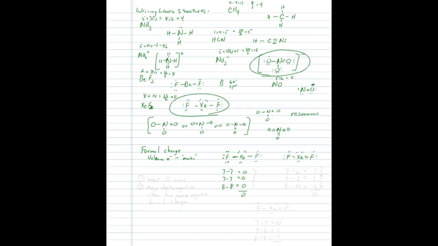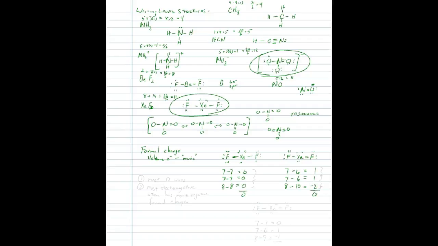Consider that with this. Fluorine has 7, fluorine has 7, xenon has 8. 1, 2, 3, 4, 5, 6, 7 minus 6. Same thing. And 10. This is 1, this is 1, and this is -2.